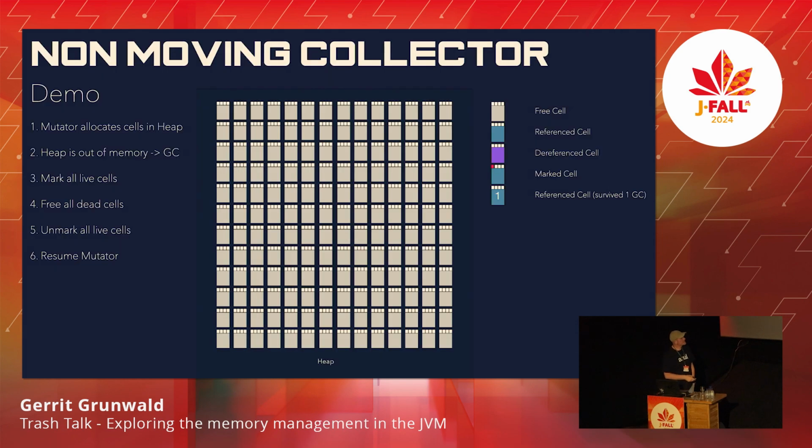Well, pretty simple. If this is our heap, and I try to make it as easy as possible, you see the gray areas. These are memory cells, let's say it like this. And if they are blue, they are referenced. That means they are live. There's some reference coming from a stack frame into the heap, so this is reachable. If they are purple, then that means it's dead, right? The reference is gone. It's still occupying some space here.